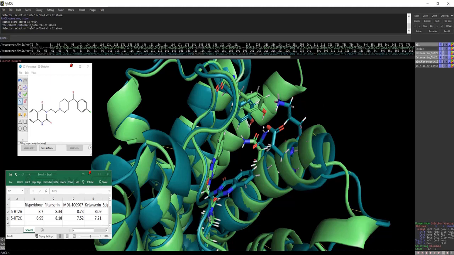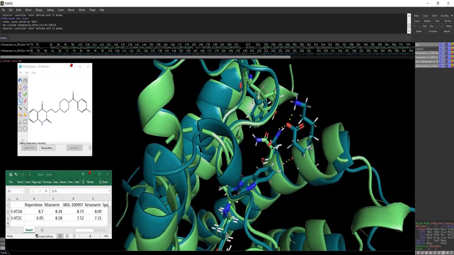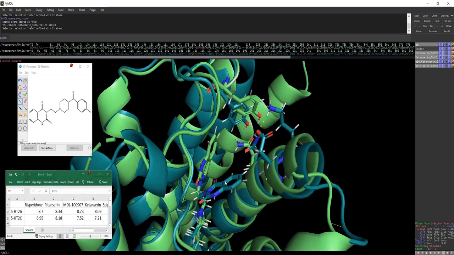And we can see it's actually a part of this hydrogen bonding network over here between the asparagine and glutamic acid. And it actually enables the extended portion of ketanserin to shift even further towards helix 7 than we had seen in MDL 100907, for example.